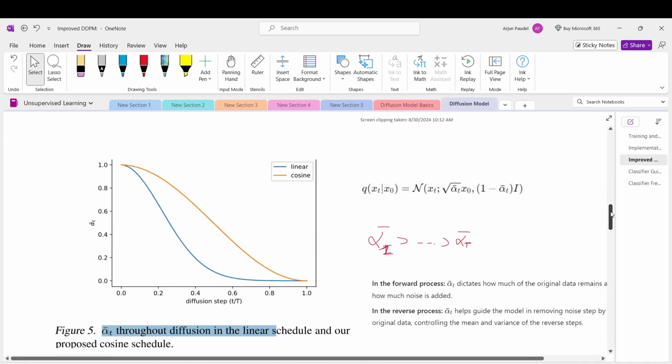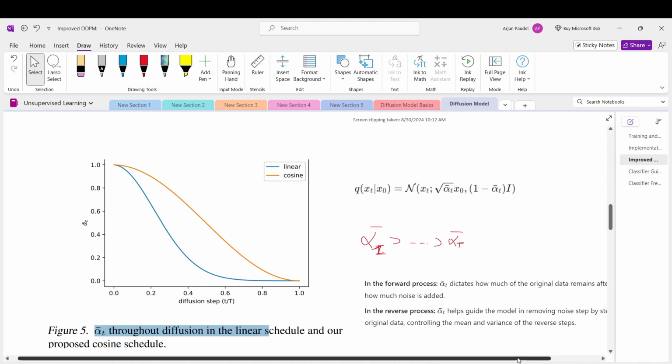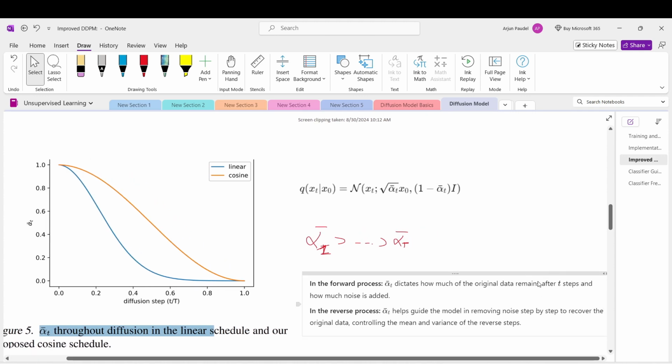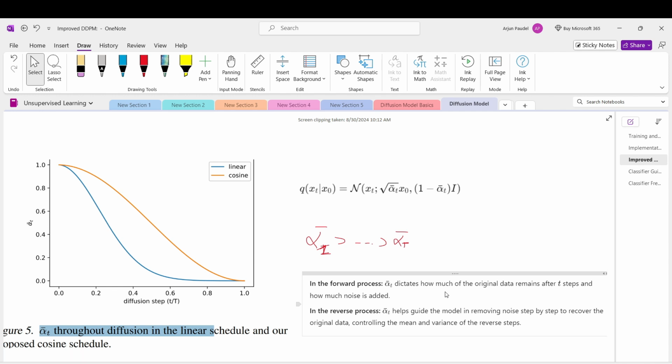And this is a graph of alpha bar t. What alpha bar t dictates is how much original data remains after t steps, and how much noise is added. You take the x0, and each pixel gets multiplied by this value, for example 0.001.